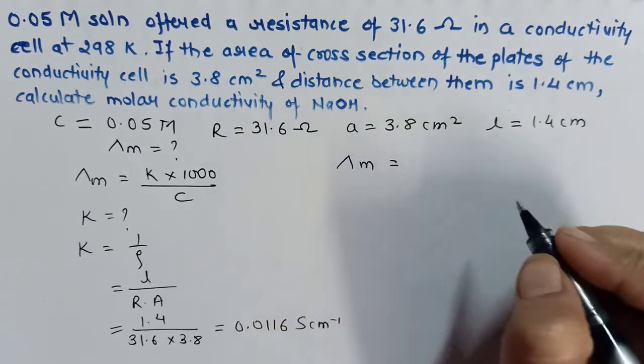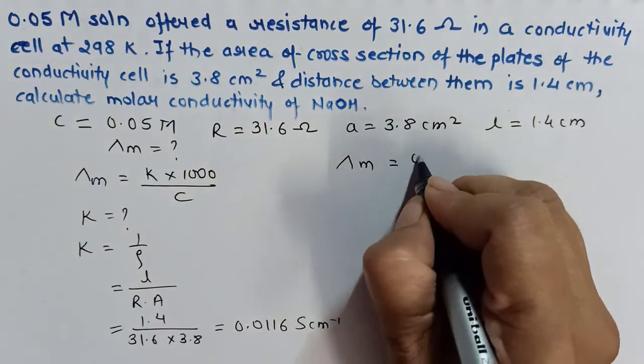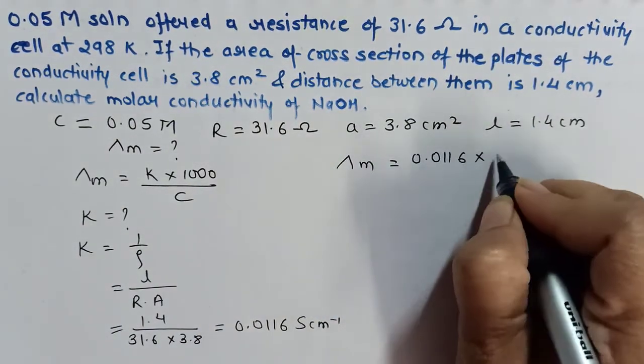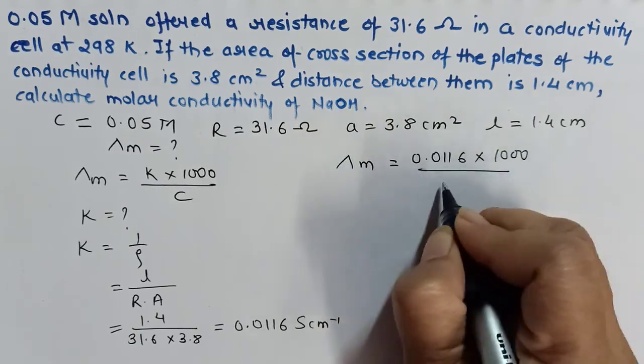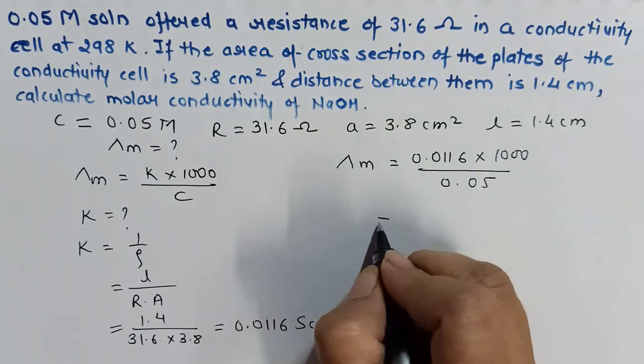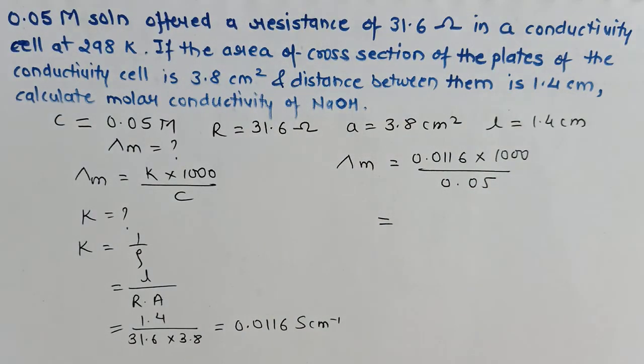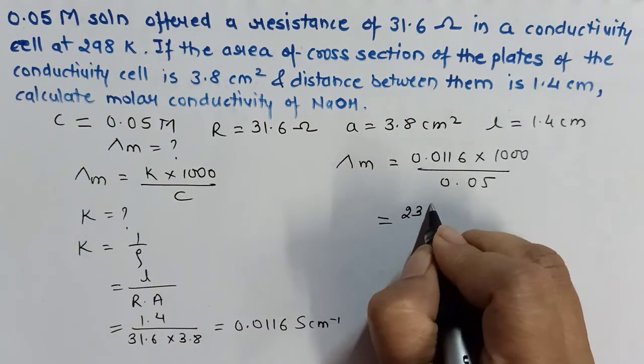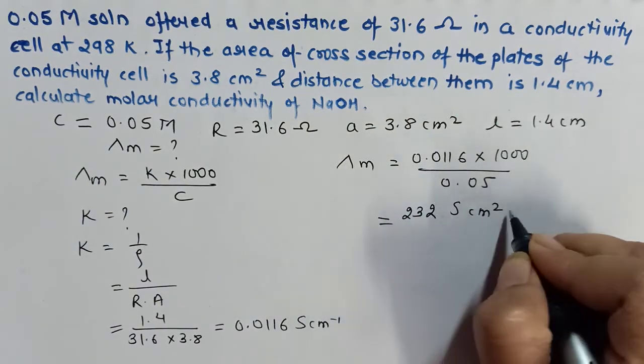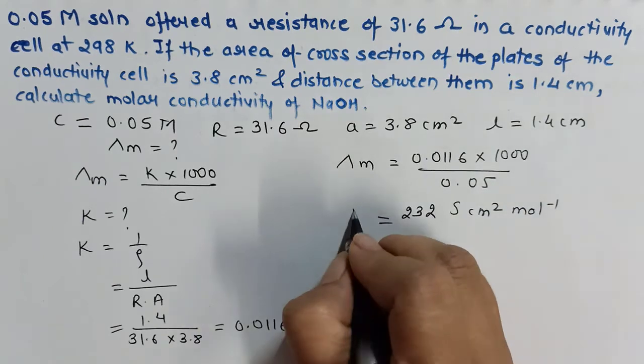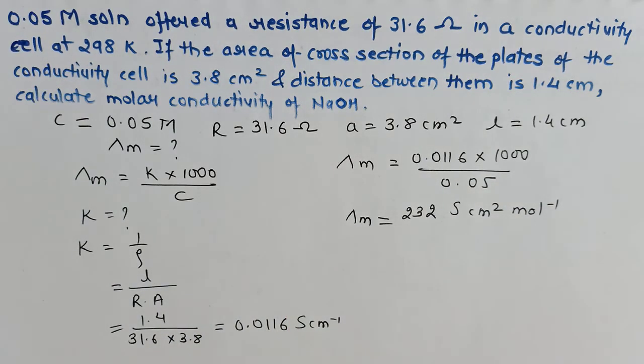So molar conductivity is K, 0.0116, into 1000 upon concentration, 0.05. Let us solve this and we get the answer 232 Siemens centimeter square mole inverse. So this is the final answer.